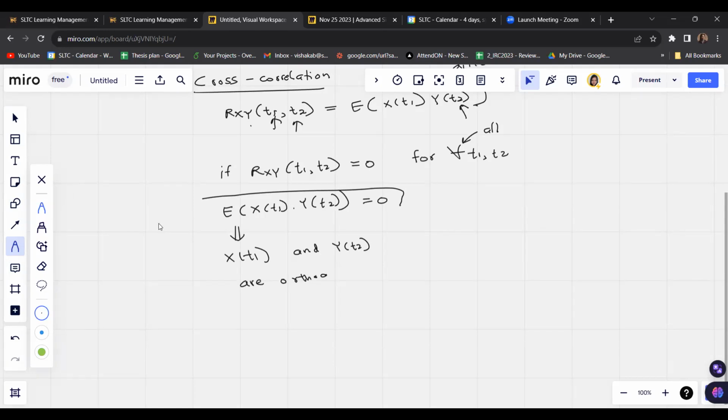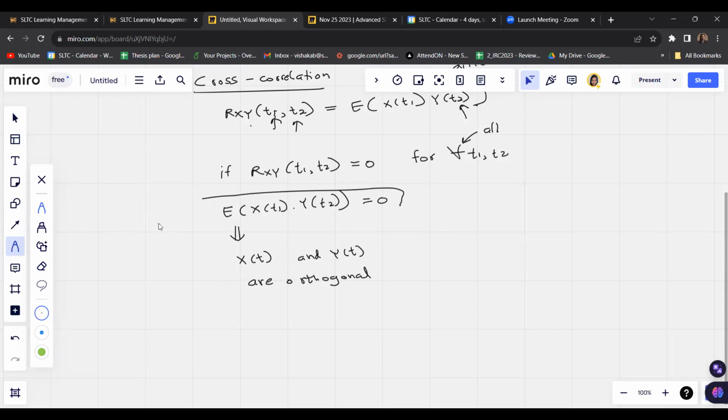Now if it is happening for all the time instances, we can say basically that the X(t) random process and the Y(t) random process are orthogonal.